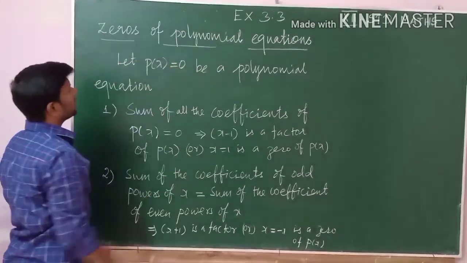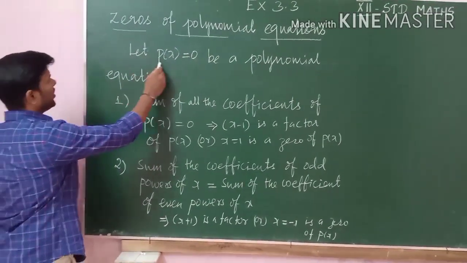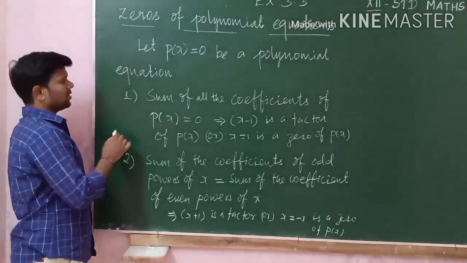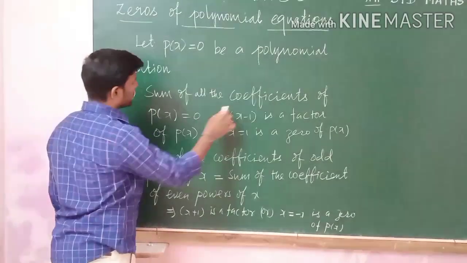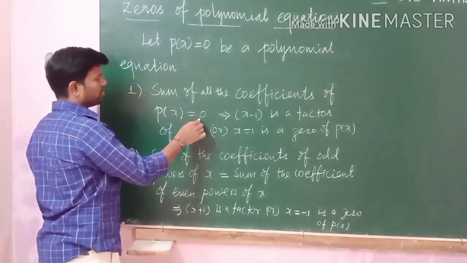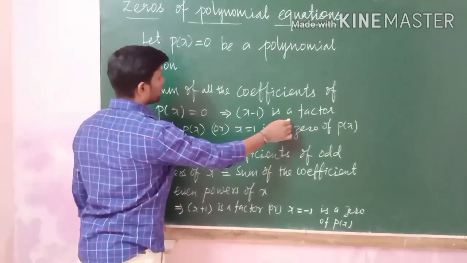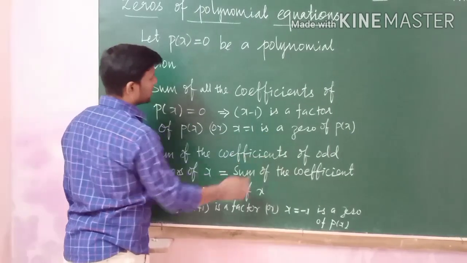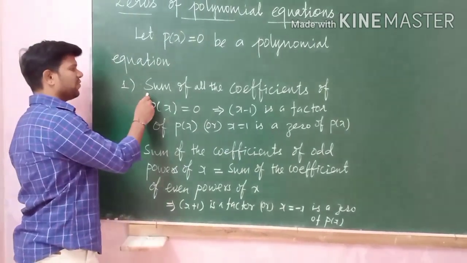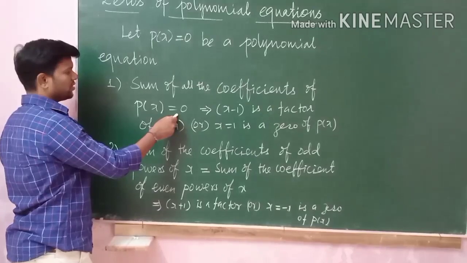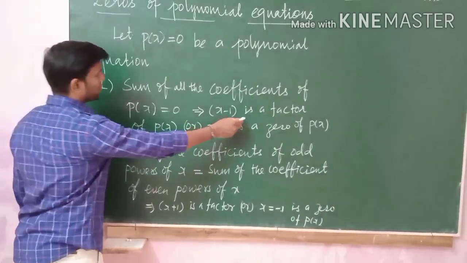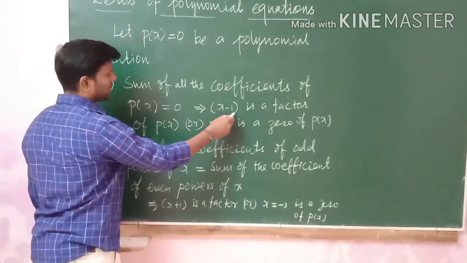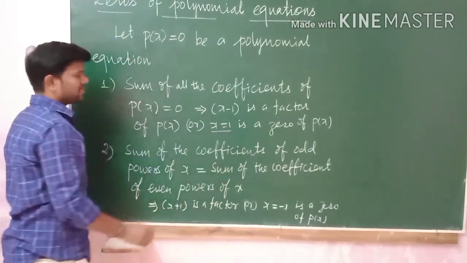Zeros of polynomial equations. Let p of x equal to 0 be a polynomial equation. The first property: if sum of all the coefficients of p of x equal to 0, which implies x minus 1 is a factor of p of x, or x is equal to 1 is a 0 of p of x. When a factor, x minus 1; when a 0, x is equal to 1.